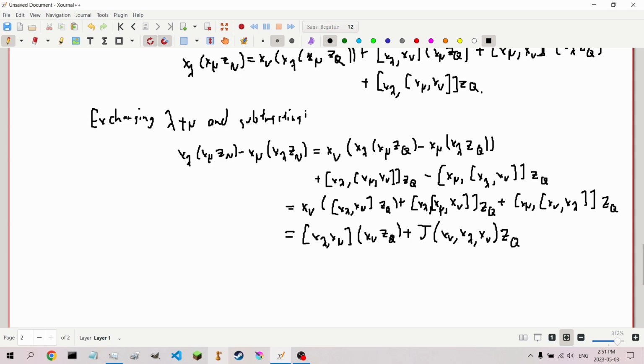So this here is going to turn back into Zn, and this whole thing by the Jacobi triple is going to turn into 0. And we are finally done. Thank God.